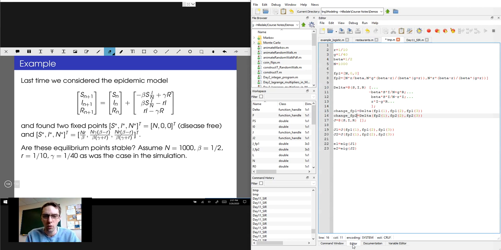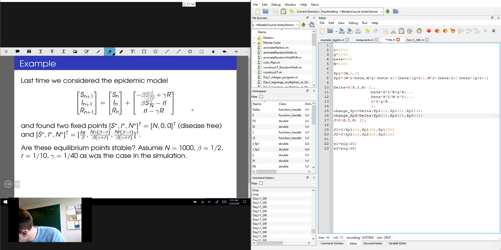And for that, we're going to need to compute the Jacobian matrix. And if you recall, the Jacobian matrix involves taking all of the derivatives of the individual components. So we've got three components here: the change in S plus S, the change in I plus I, and the change in R plus R. And there should be subscripts on the right-hand side here.